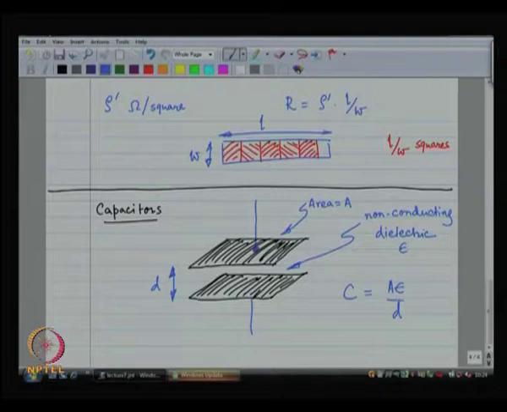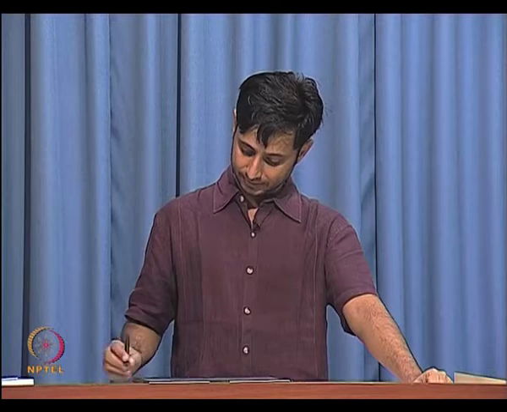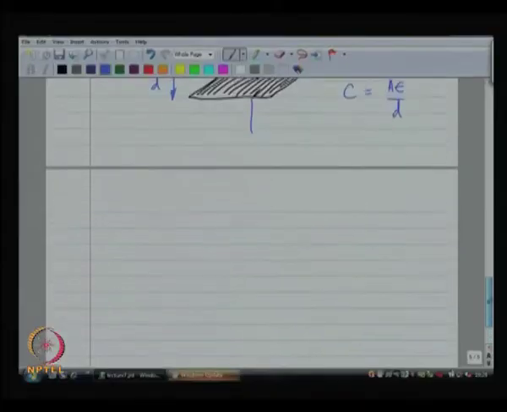So, C is equal to A times epsilon divided by d, that is the capacitance of this parallel plate capacitor. Now, this particular formula which you learnt in your high school is valid for two infinitely large parallel plates. Okay. Otherwise, this formula is an approximation.